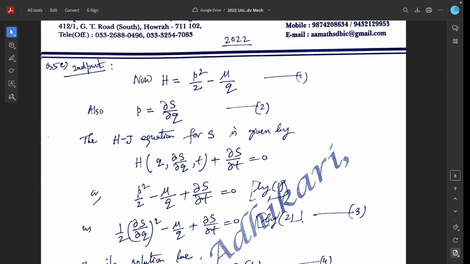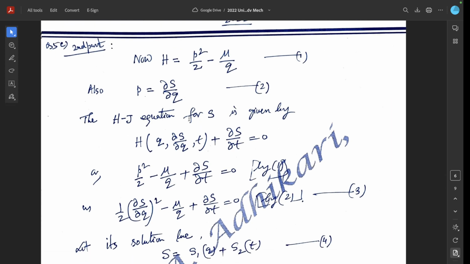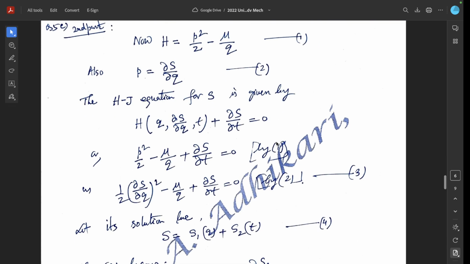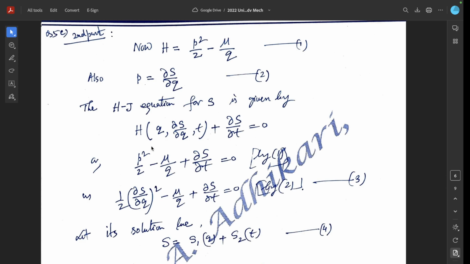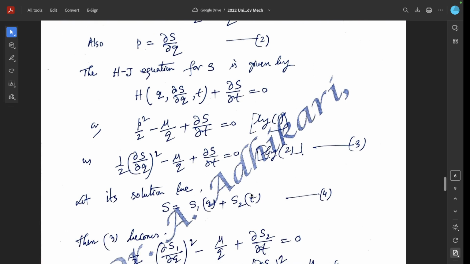So H equal to this and p equal to del q S. The Hamilton-Jacobi equation for S is given by H(q, del q S, t) plus del t S equal to 0, by 1, and this H equal to p square by 2 minus mu by q plus del t S equal to 0, and this p equal to del q S, so half (del q S) whole square minus mu by q plus del t S equal to 0.